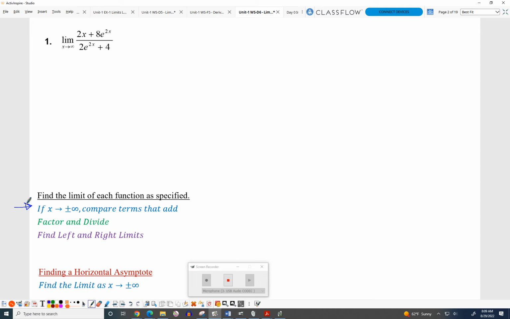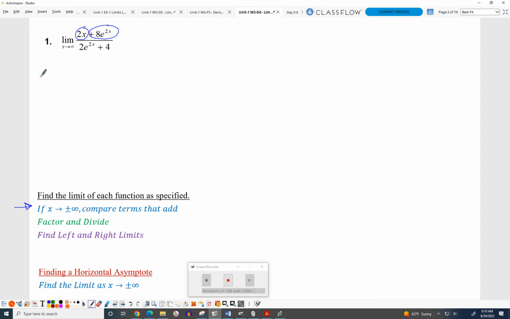So raise your hand if you can tell me what the terms are. Well, you guys know. The terms in the numerator are 2x and a positive 8x raised to the 2x. So what I just showed you on the chart is both of those will grow, but the exponential will grow much, much faster than the power function. And so the dominant term of the numerator is the exponential.